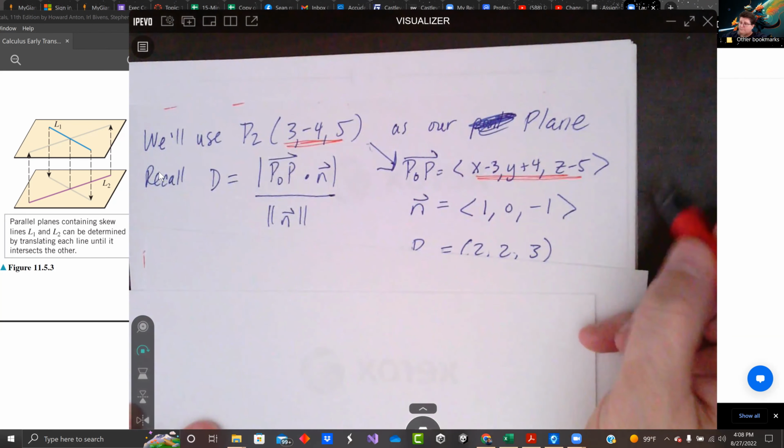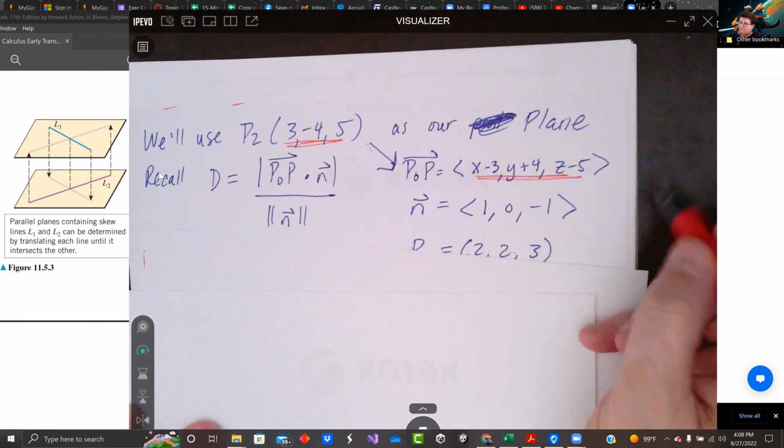And the x and the z we use are from the other plane, P1, because that's the point we're trying to find a distance to. So we're going to plug that in. Our x is 2, our z is 3. 2 minus 3 is negative 1. Plus 2 gives us positive 1. That's our top.